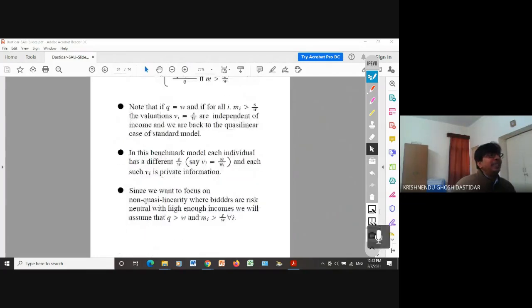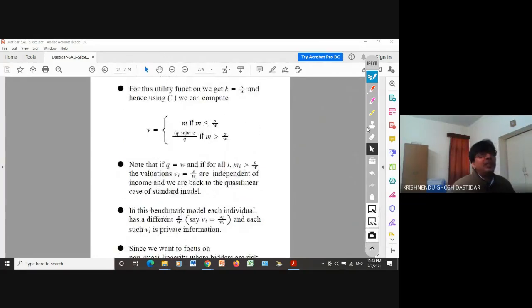Now note this. Now what should be private information? Unlike the canonical model where q equals w and s by q or s by w is the private information, now we have a lot of choices. M can be private information, s can be private information, w can be private information, q, or all of them.